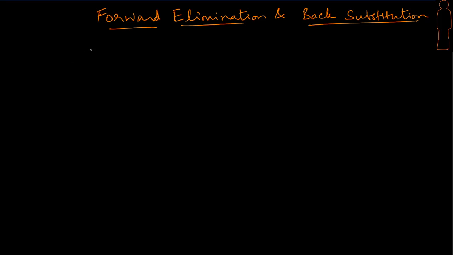So we have an idea of what is forward elimination and back substitution now, and the two most important points that we learnt were what we call pivots. These are the first non-zero elements appearing in any row. And the second important point is that elimination transforms the matrix of coefficients to an upper triangular matrix.